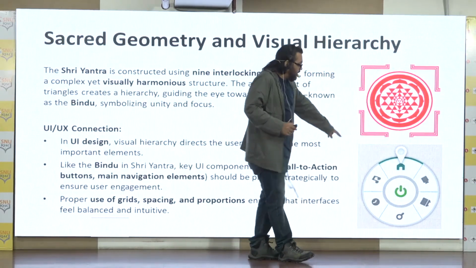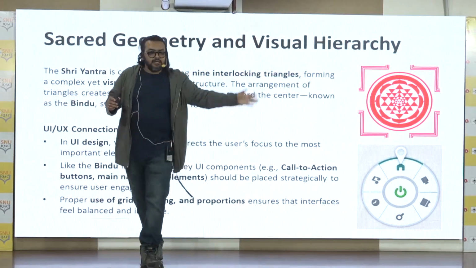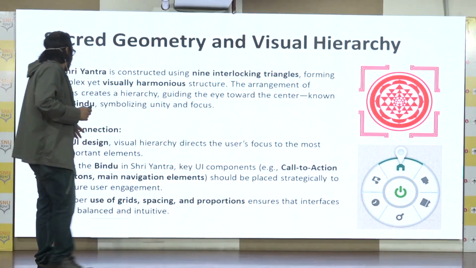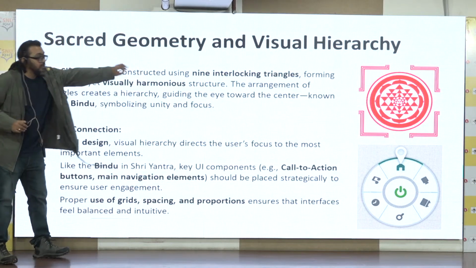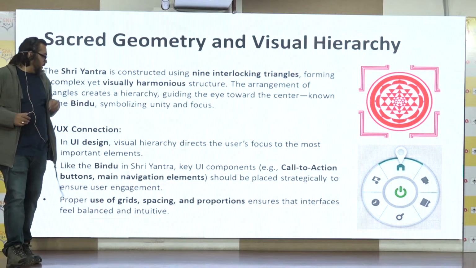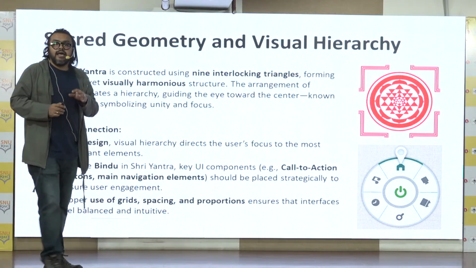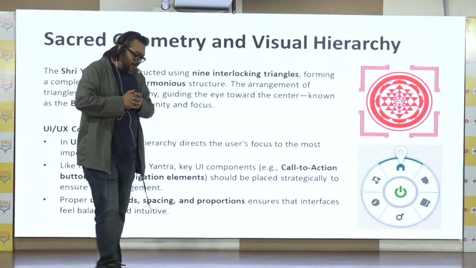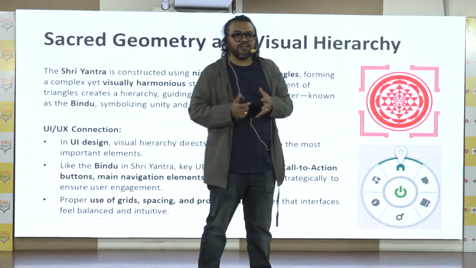Similarly, for a radial UI, we go from outside to the inside. And this is called the Bindu. The converging point is called Bindu, which is also defined, in modern marketing words, as a CTA or a call to action button.